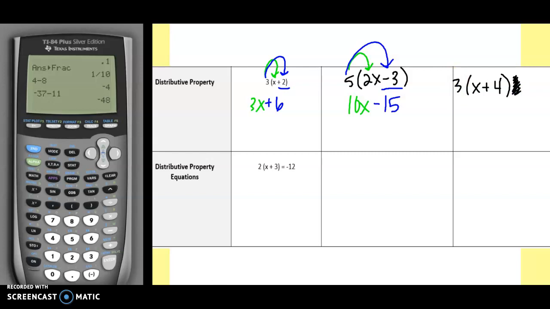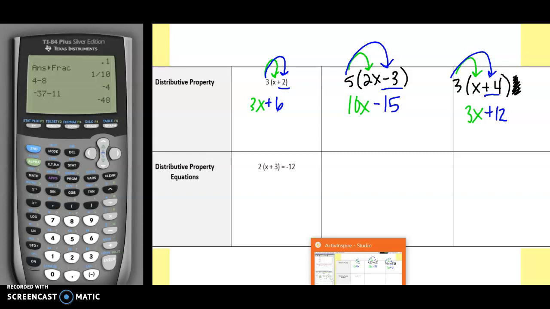So if that helps, by all means, take it, move it to the front, and then proceed with your multiplying. So 3 times x, 3x, and then 3 times a positive 4 plus 12. All right, so there will be distributive property expressions there where you just have to do your multiplication and write your simplified answer.